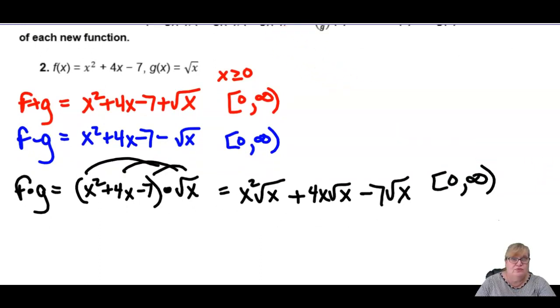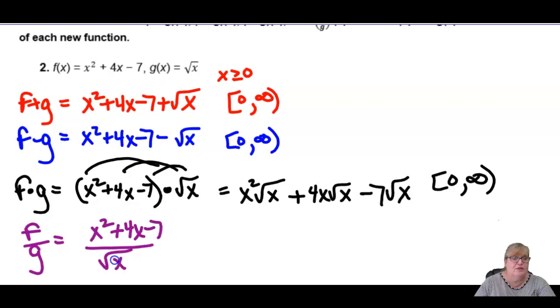Then we come to the crazy business of dividing. If we write the f over the g. Now, we're not supposed to have a radical in the denominator, but we're not going to worry about it. We're just going to leave it like this. But the domain restriction under a radical has to be positive or 0, but we can't divide by 0.